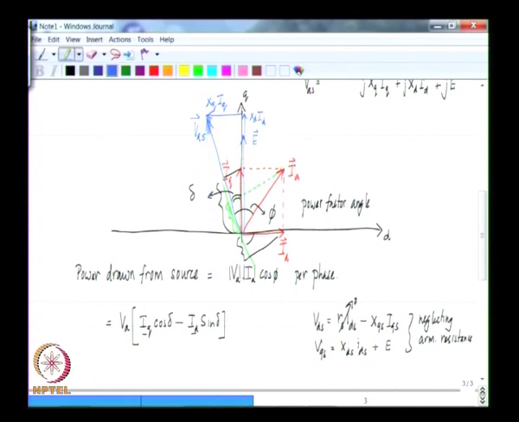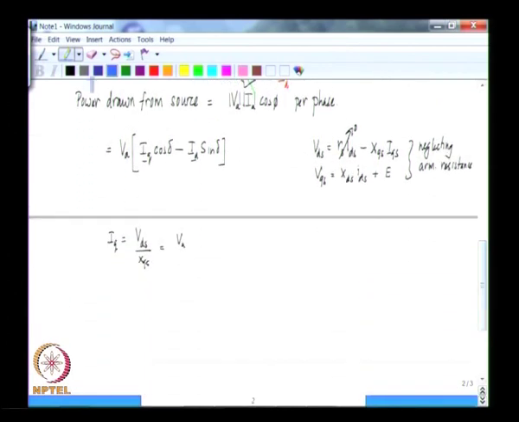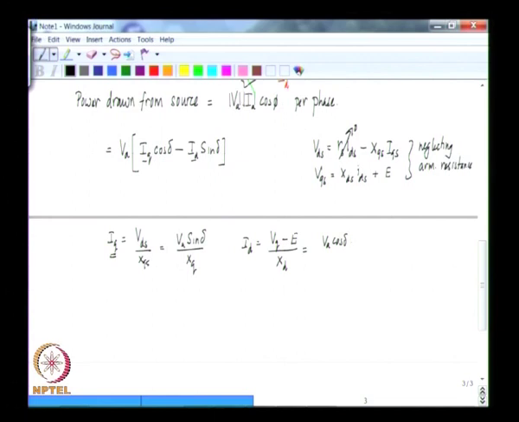VDS is nothing but this along the D axis, which is nothing but VA into sine of delta. So VA sine delta divided by XQ is nothing but IQ, and similarly ID is VQ minus E divided by XD from the earlier equation, and VQ is nothing but VA cos delta.